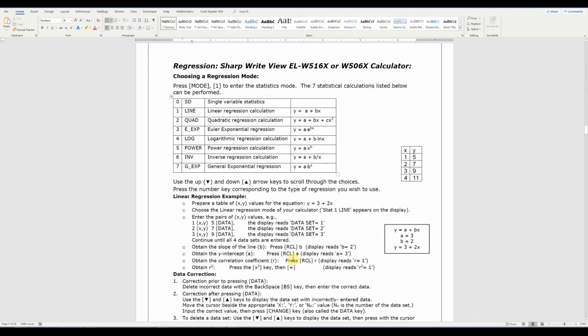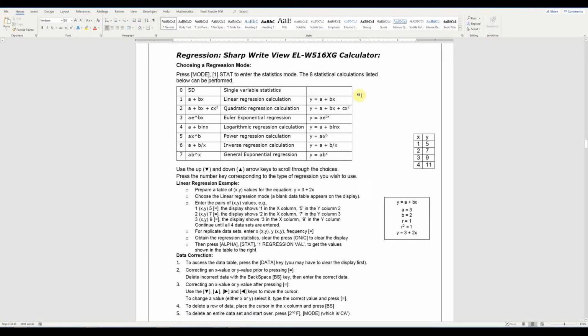On page 236, I have the same information, this time for the EL516 or 506X calculator. On page 237, I have the same information, but this time for the ELW516XG calculator. Notice the types of regression that can be performed on this calculator.